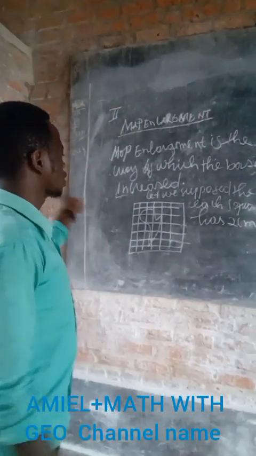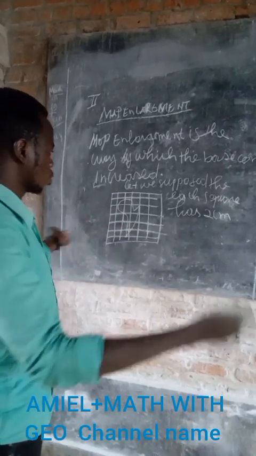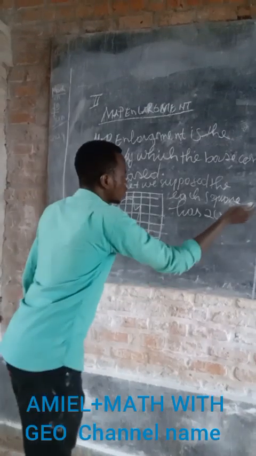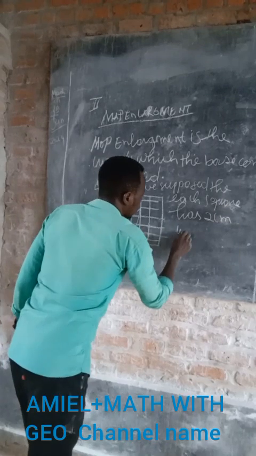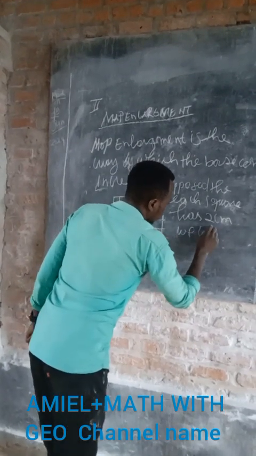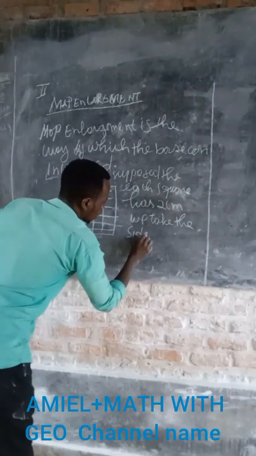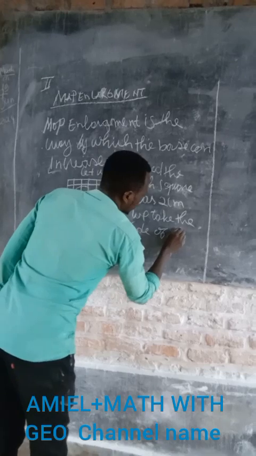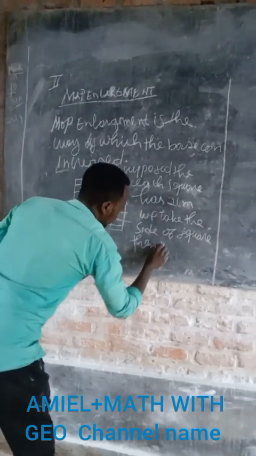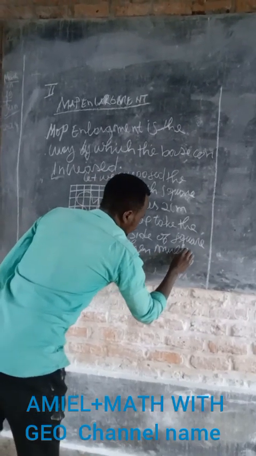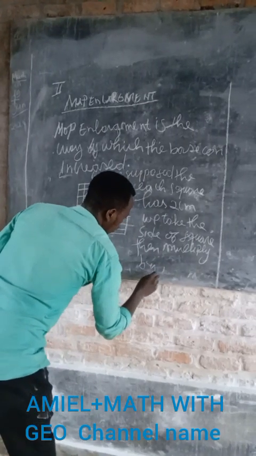Then we want to increase our map. We want to enlarge the map by 4 or by 2. Then if we want to enlarge our map by 2, we take the side of the square, then multiply by 2.